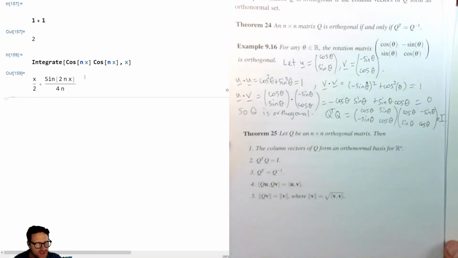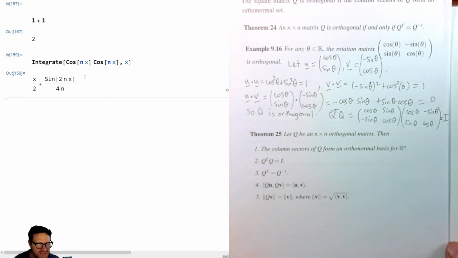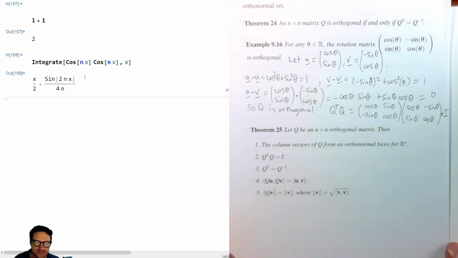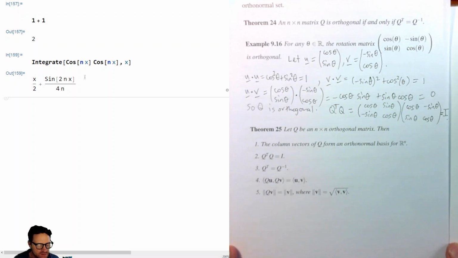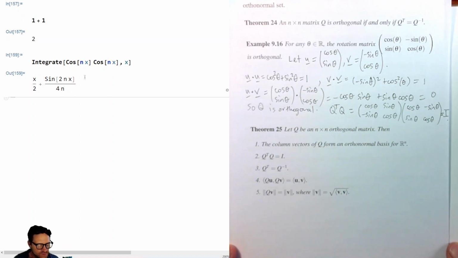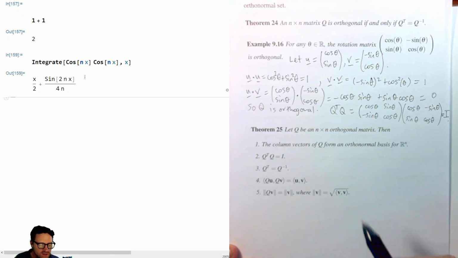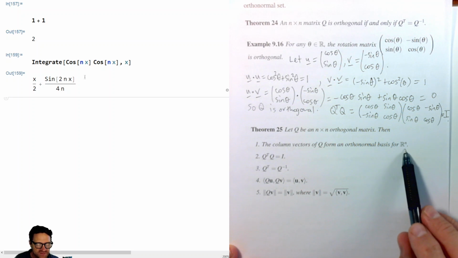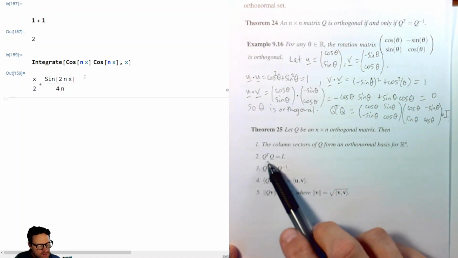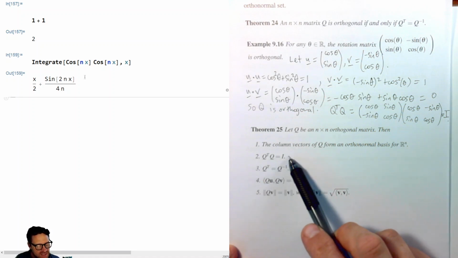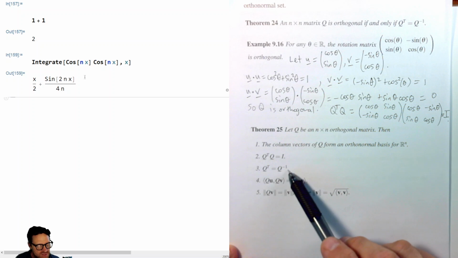Okay, theorem 25. Let Q be an n by n orthogonal matrix. Then the column vectors of Q, as in the columns of Q, form an orthonormal basis for Rn. Q transpose Q is the identity matrix. Q transpose is Q inverse.